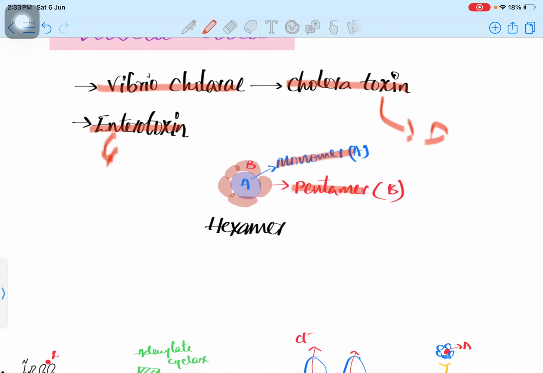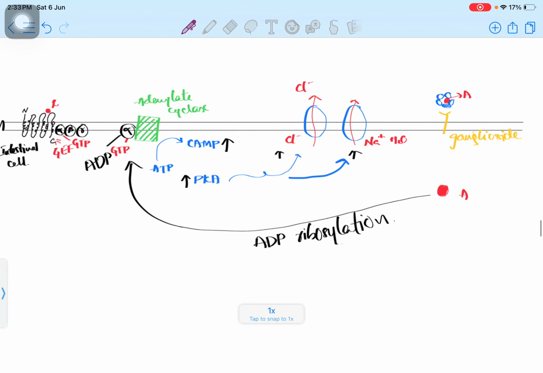It has two subunits: one is a monomer and the other is a pentamer. The monomer is present in the center region and is known as the A subunit, and the pentamer is known as the B subunit, which is present in the outer region. Around 5 subunits are present, that's why we call it a 5. This 5 and this 1 together are known as a hexamer. Okay, let's try to understand how this happens.